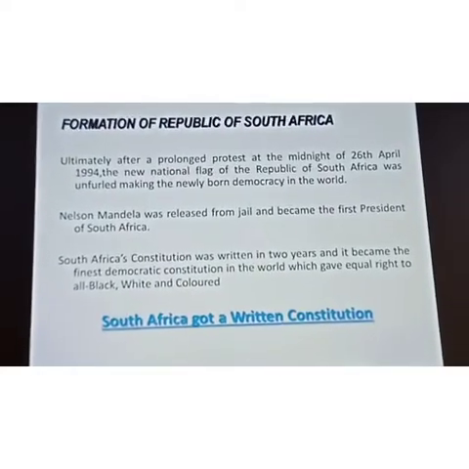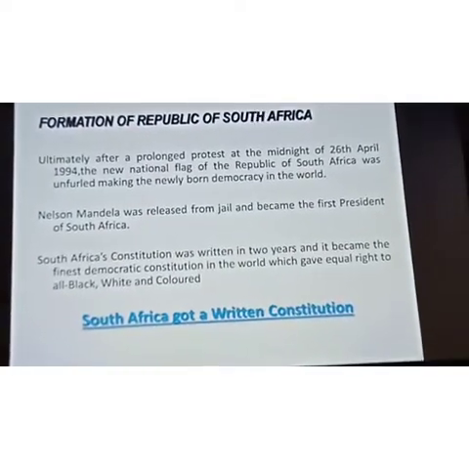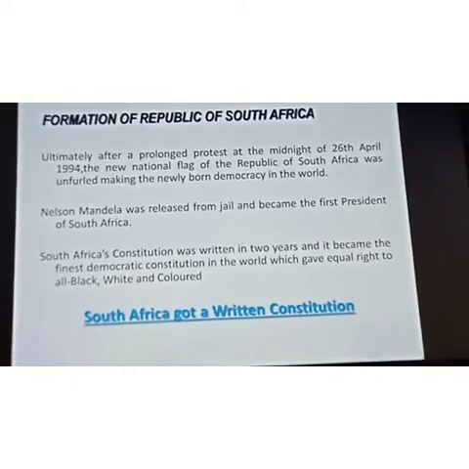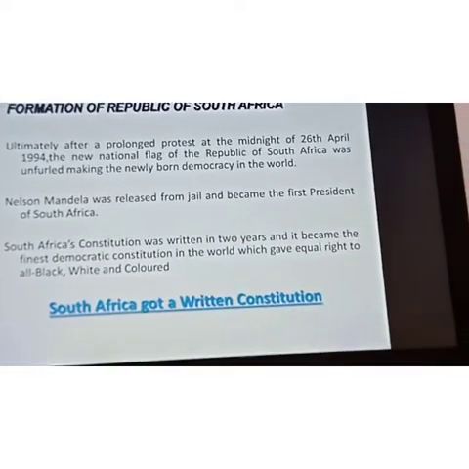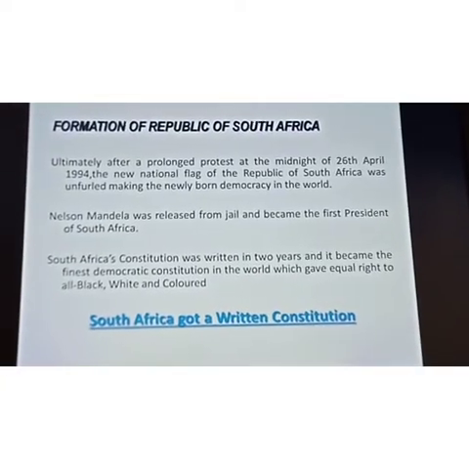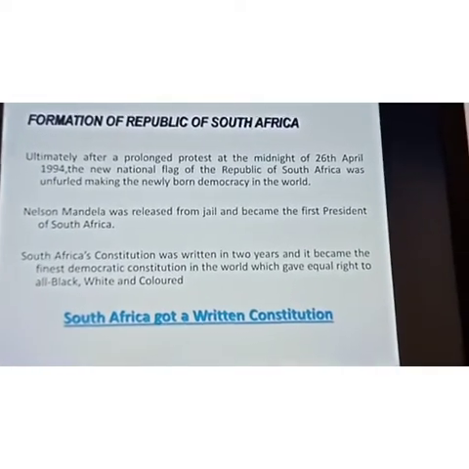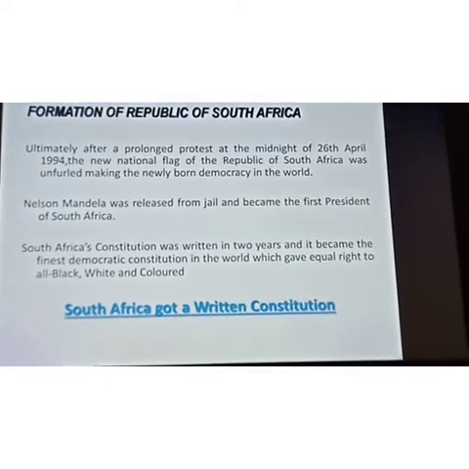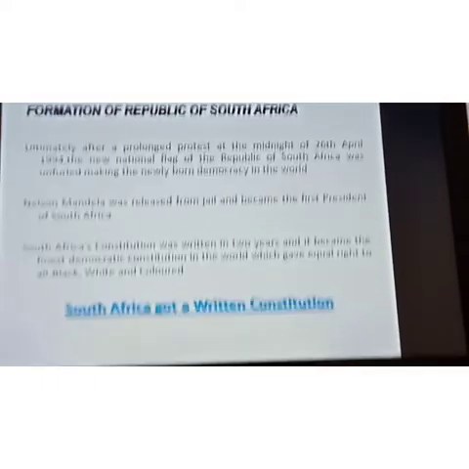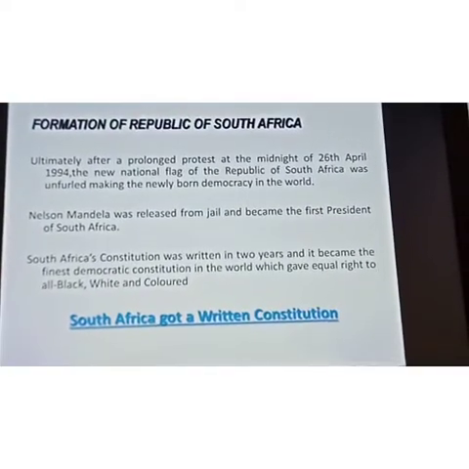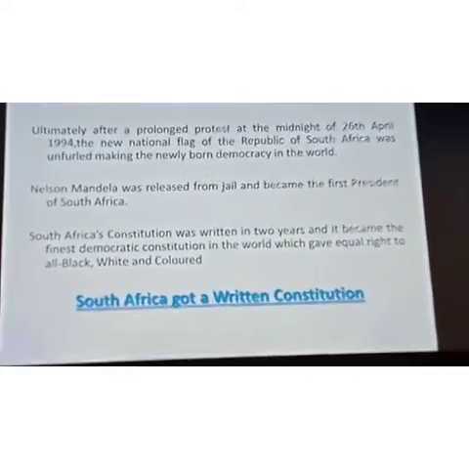So ultimately South Africa became a democratic country on 26th April 1994, and they made their new national flag, and Nelson Mandela was released from jail and became the first president of South Africa. South Africa became a republic country. Republic country means the country of which the head is also elected, not selected, like India.